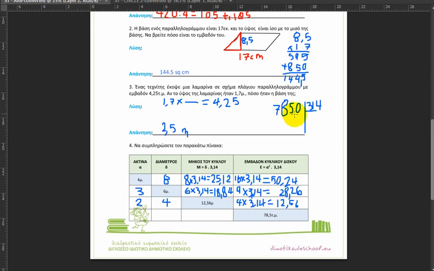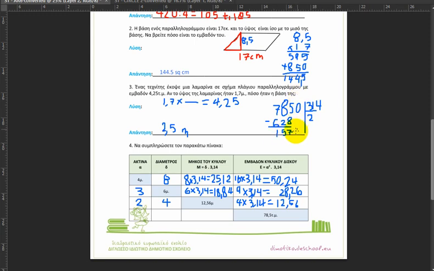314 fits into this twice. 2 times this is going to give me 628. And if I do this subtraction, I'm going to get 7 here, 5 here, and 1 here.